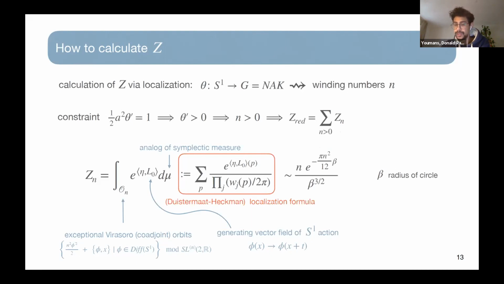But in principle, it should be doable, I think. But the central charge is 1? Actually, here I took the central charge to be 1. One can make it more general, but then the central charge will appear, for example, in the exponent. But for the exposition for today, I took just central charge to be 1. Okay, thank you.